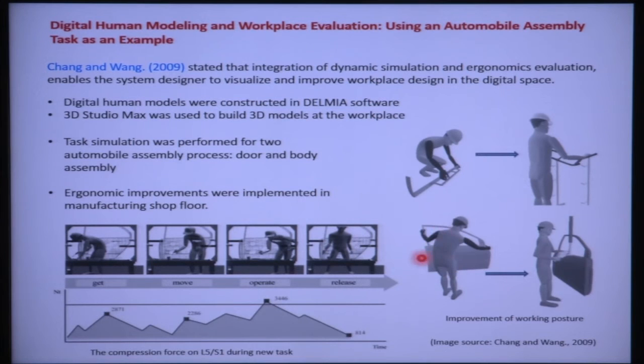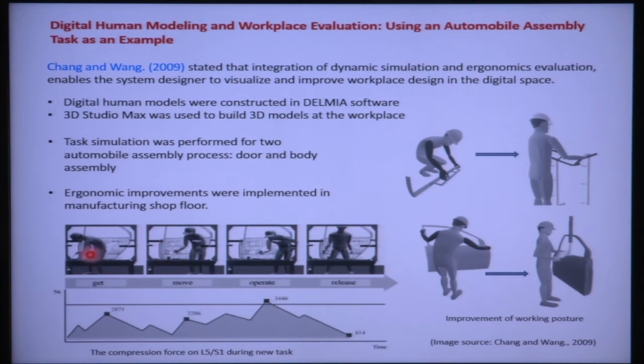Similarly, in the earlier case they had to carry the door in this type of bending posture. Now, the door is carried with a hanger, and that person can stand comfortably in a standing posture and do their assembly work. So, just one intervention using a hanger changed the posture of the human.